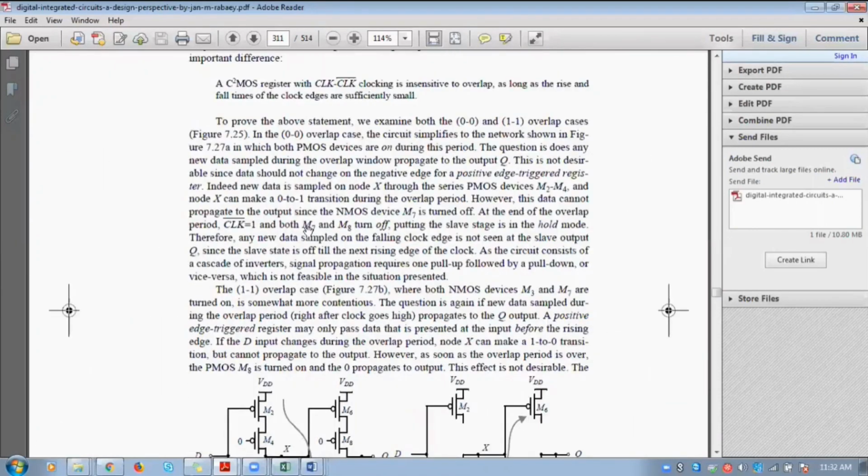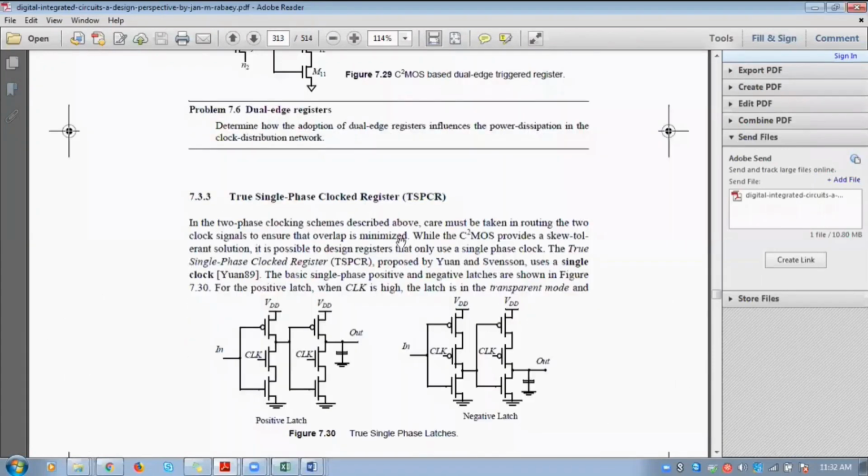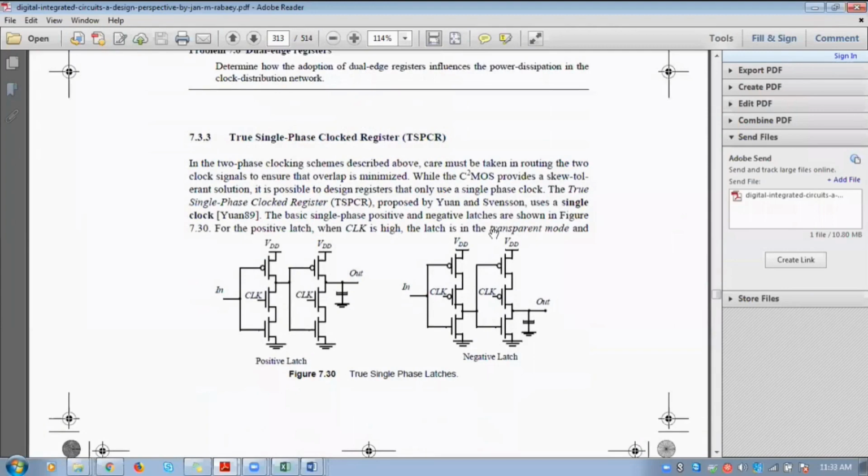So an alternative design is designed so that here you don't have any issue of 0 and 1 overlap itself. So we are going to modify the entire design to overcome the problem associated with the two different phases. That's why we named this particular register the true single phase clock register.